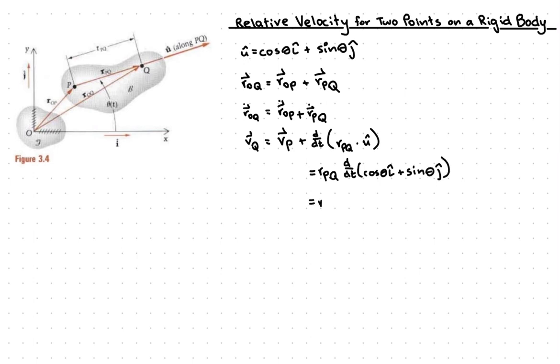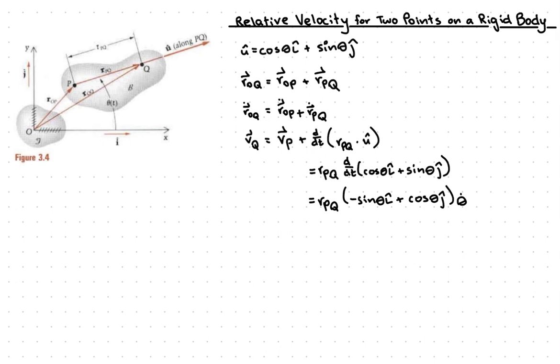Taking this derivative, we can see it to be RPQ times negative sine theta i plus cosine theta j. Now this derivative isn't done, however. We took cosine and sine as a time derivative, but theta also changes with time, so we need to apply the chain rule. So all we have to do for that is then add a theta dot at the end.